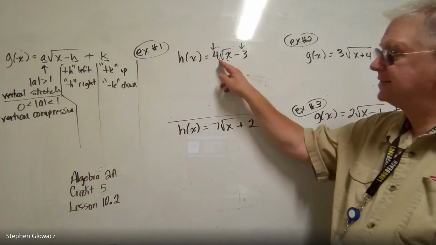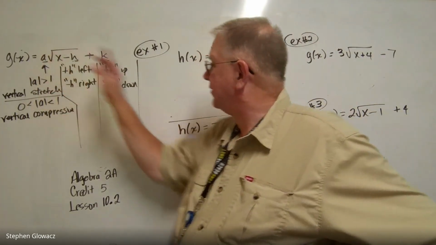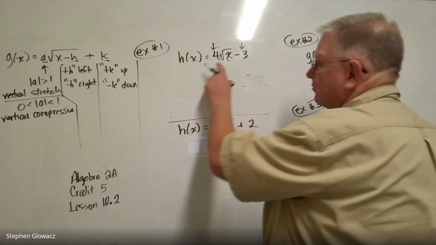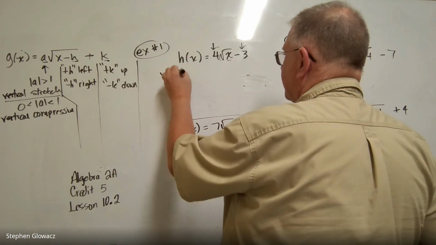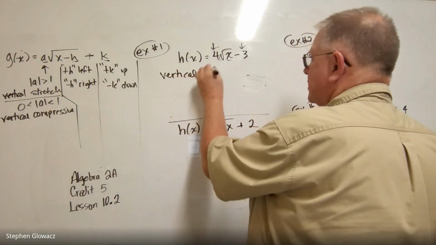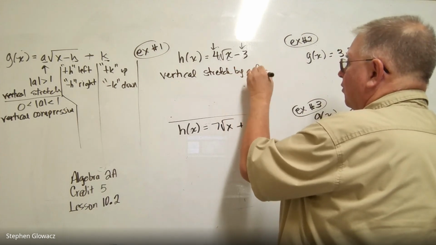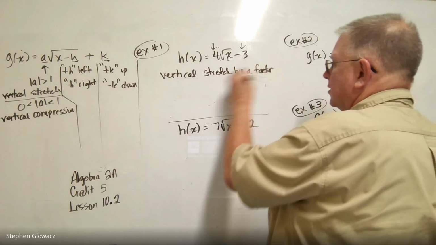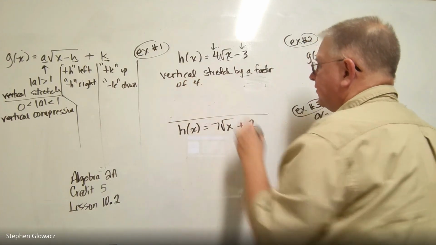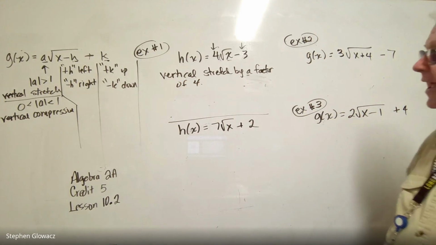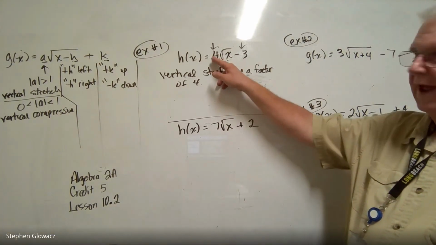So 4 is in the position of a, it's to the left of the radical, and 4 is greater than 1, so that's going to be a vertical stretch by a factor of 4. So it's a vertical stretch because it's greater than 1, and by a factor of just whatever a is.